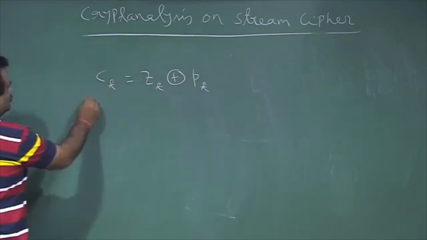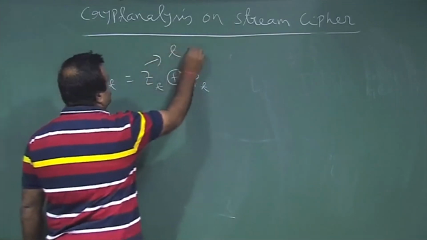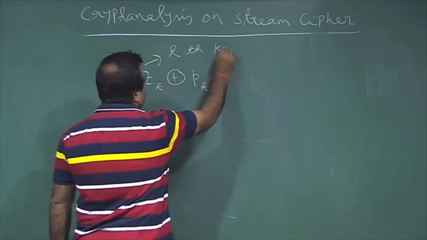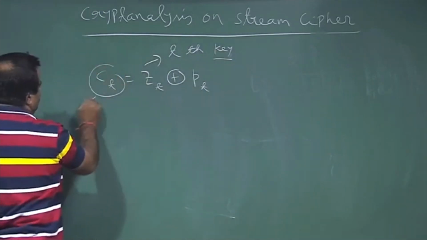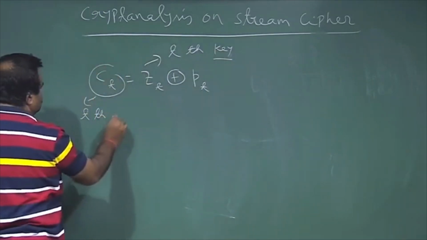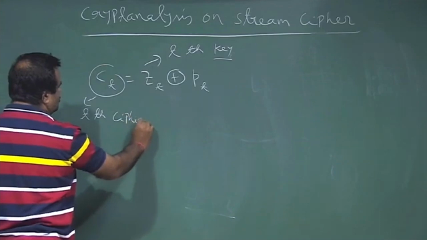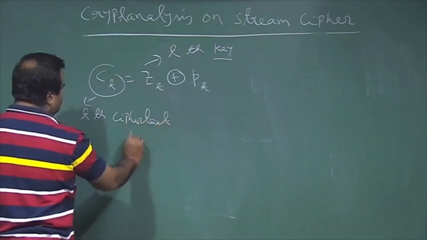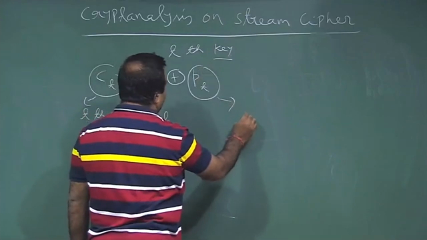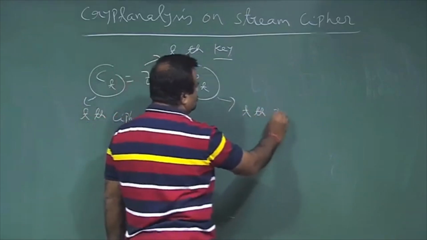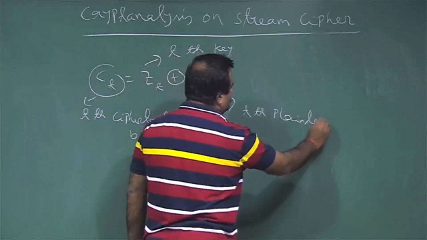Here Z_t is the t-th key stream bit, C_t is the t-th ciphertext bit, and P_t is the t-th plain text bit.